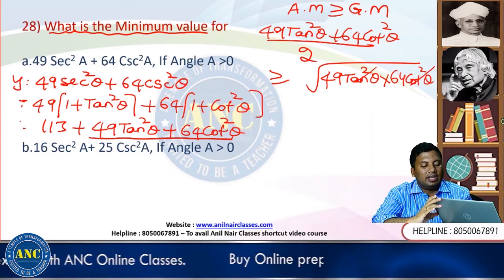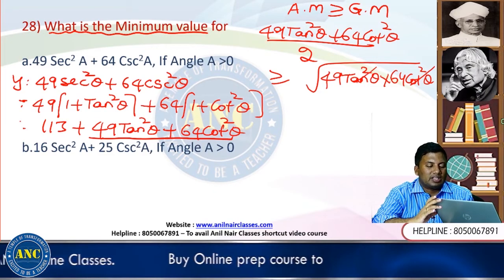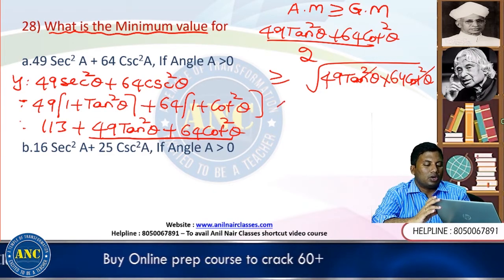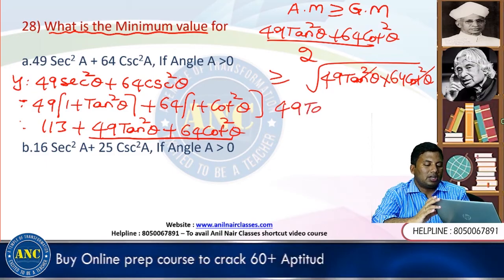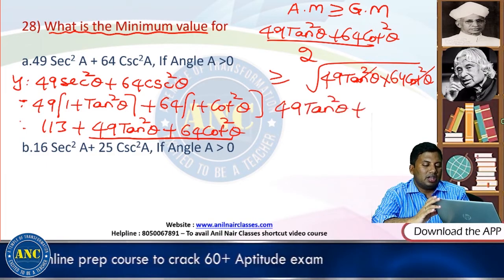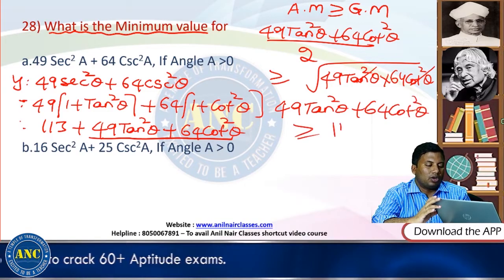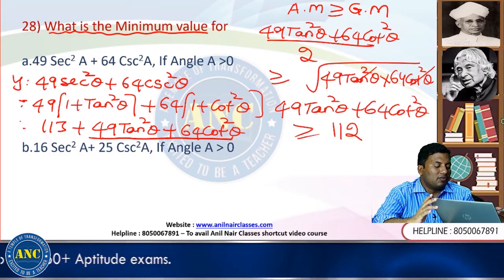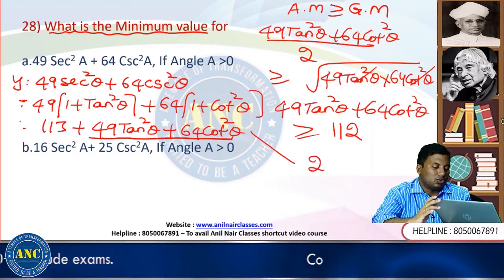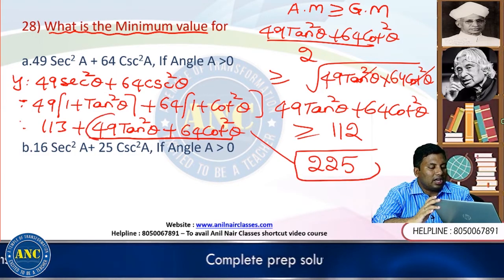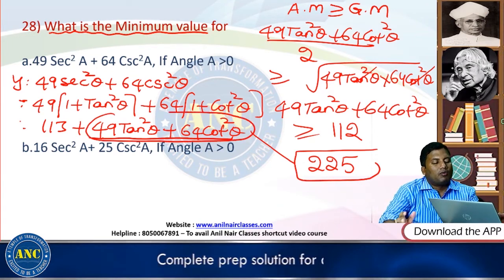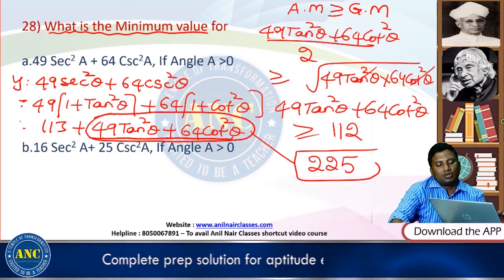Root 49 is 7, 7 8s are 56, 56 2s are 112. So 49 tan square theta plus 64 cot square theta is greater than or equal to 112. 112 plus 113, the answer is 225. The minimum of that part is 112, and 112 plus 113 is 225.